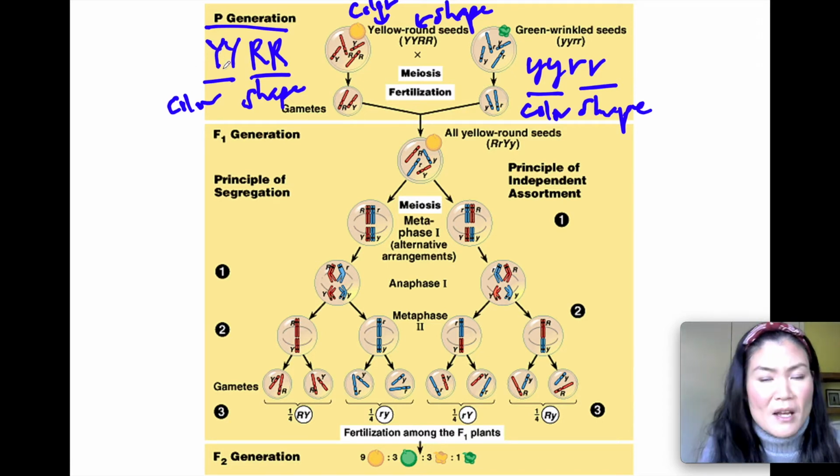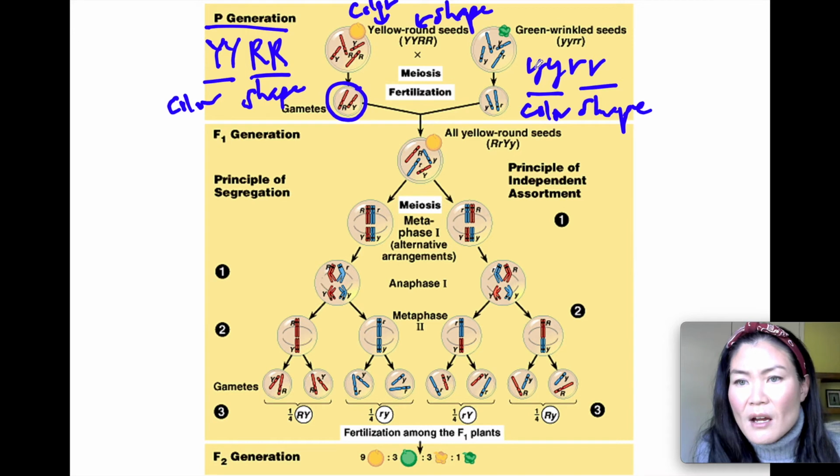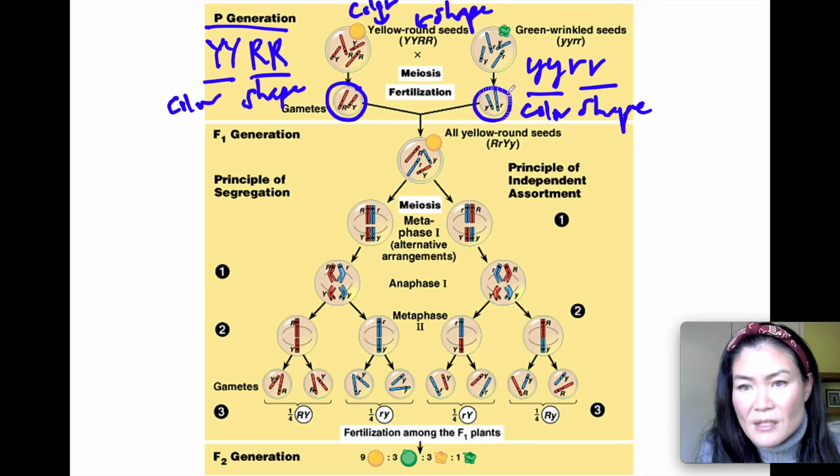What are the chances of giving a big Y? 100%. What are the chances of giving a big R? 100%. That's why in this picture the gamete is a big R and a big Y. Same with this parent: 100% chance of giving a little y, 100% chance of giving a little r. That's why the gamete for this parent is little y, little r.